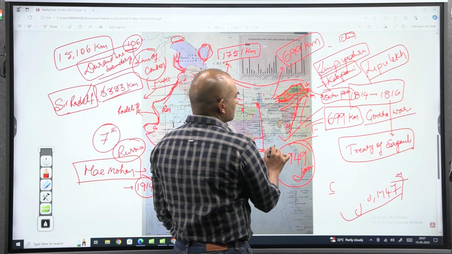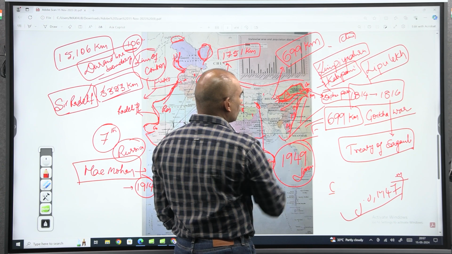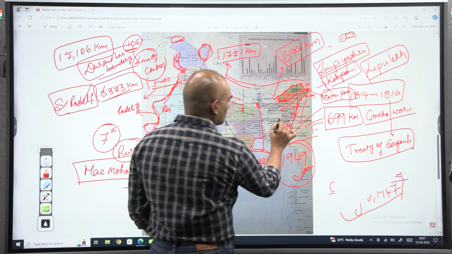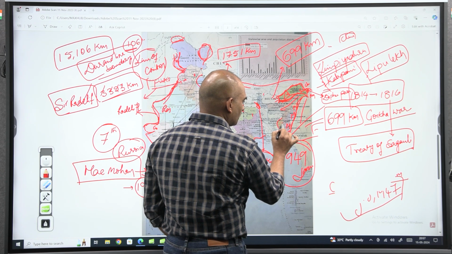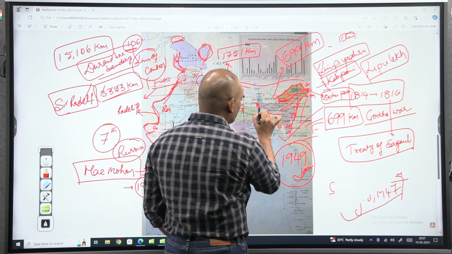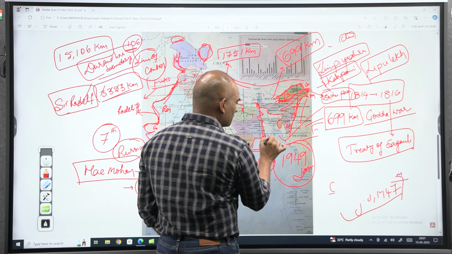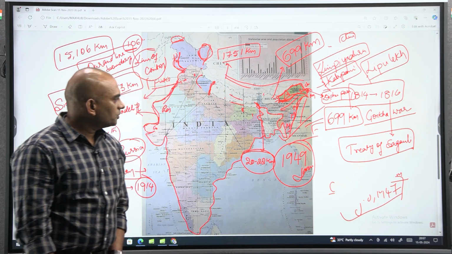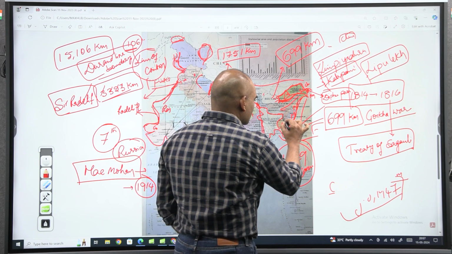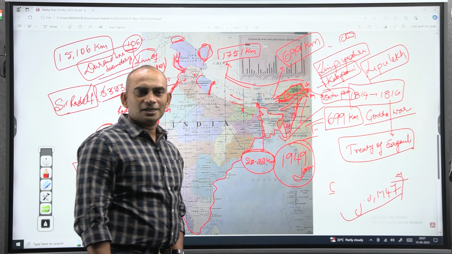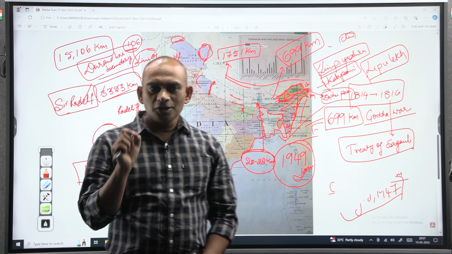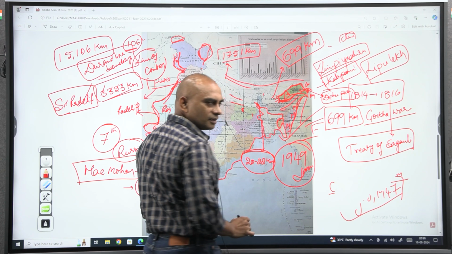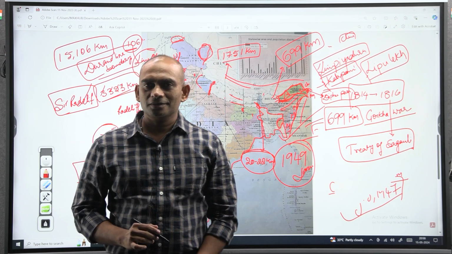And look at this entire northeast. In this northeast, look at this country, Bangladesh. Now, if you look at some states in India, especially Tripura, Tripura is almost surrounded by Bangladesh.